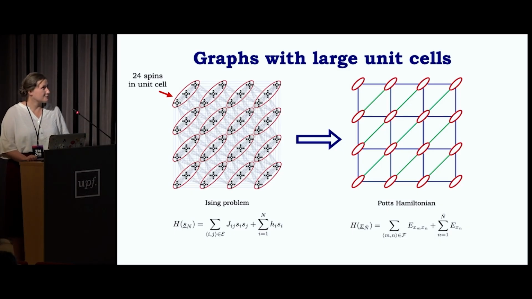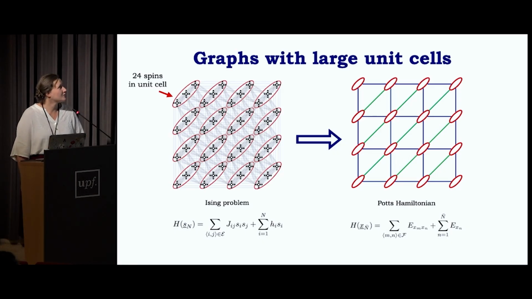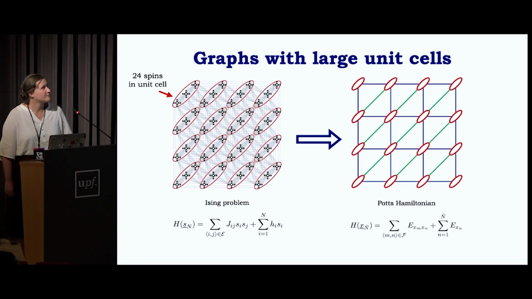So the simplest way we can do this is to group spins, which, let's say, naturally build unit cells, into unit cells. In the case of Pegasus, you may see this, it's 24 spins per unit cell. In the Zephyr graph, it's 16 spins per unit cell. And after this grouping, you obtain a simplified structure.